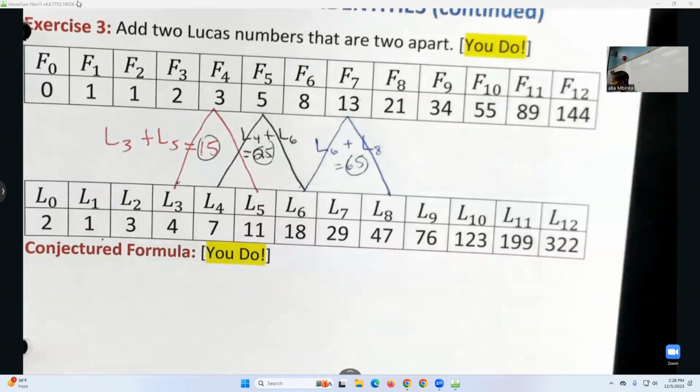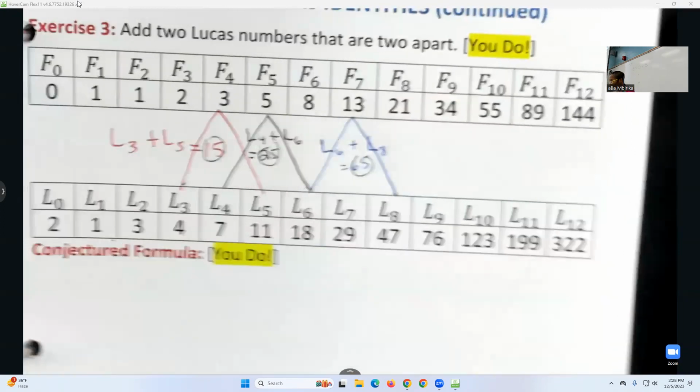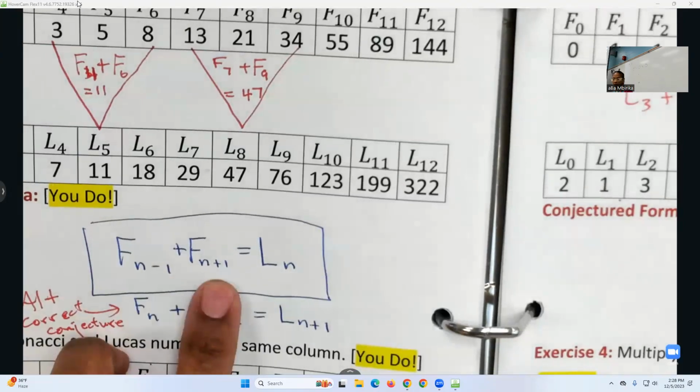So it seems to reason that if we have numbers that are two apart, I'm gonna do a formula like this, but instead of the F's I'm gonna put the L's. L(n-1) plus L(n+1).